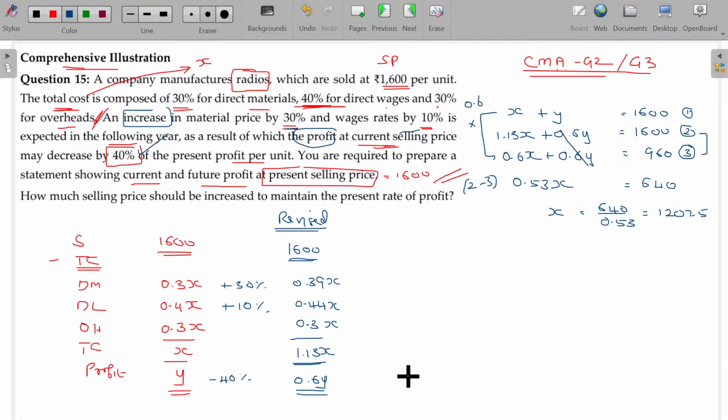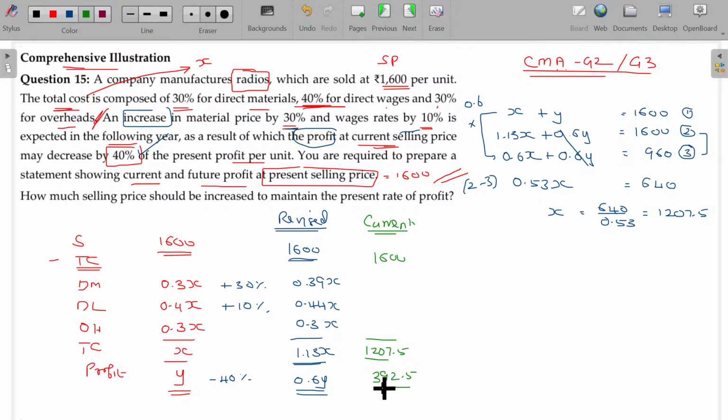So what is the requirement? You are required to prepare a statement showing current and future profit at present selling price. You can now write it completely. You can redraft this. For the current scenario, sales price 1600, total cost being 1207.5, and profit will be the difference between these two, 392.5.